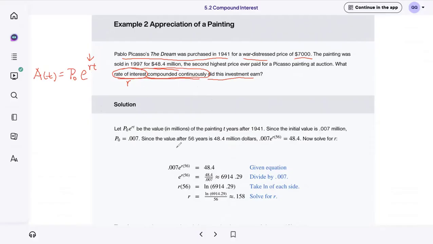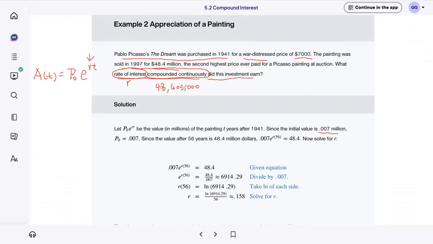So we rewrite 7,000 as 0.007 million, because once we do the calculation and put in the equation, the units have to line up. So the initial value was 7,000, as 0.007 million, or you can write 48.4 million as 48,400,000. There would be too many zeros, right?